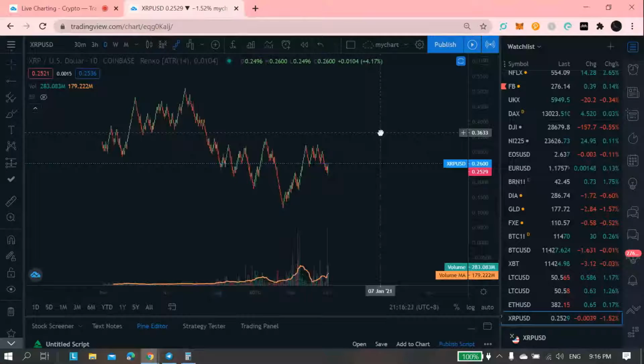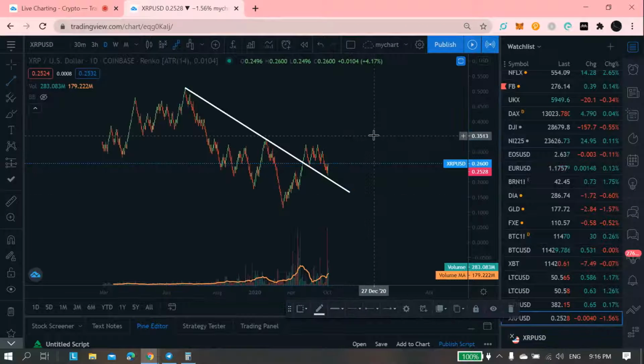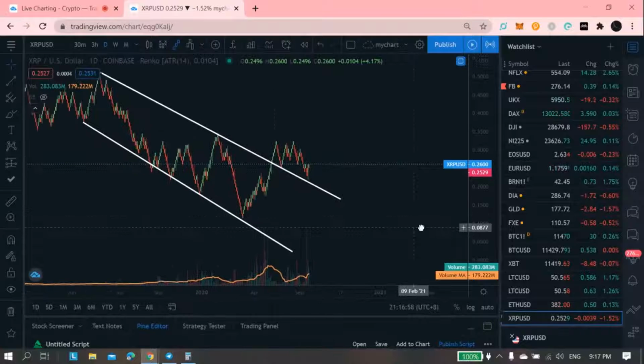So here is where it's currently trading, but currently retesting this support area, or the previous resistance in that downward channel.